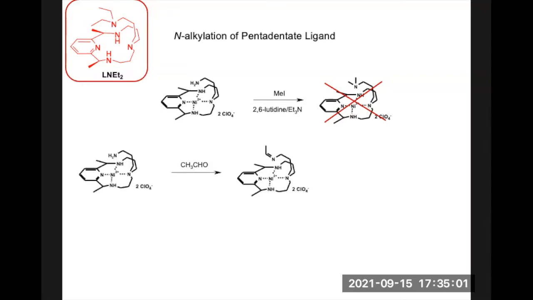Another strategy involves a Schiff base formation followed by reduction of the imine bond. However, the expected product cannot be obtained.